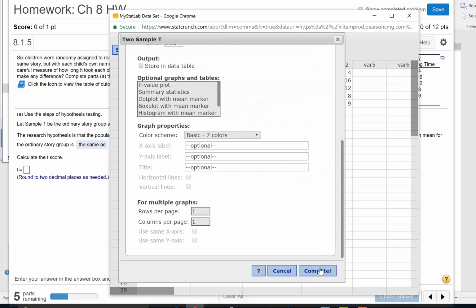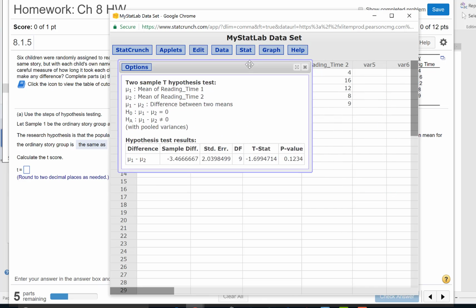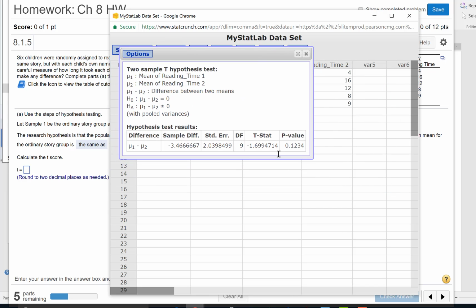And press compute. So here is our test statistic, t-stat, negative 1.699. And rounded to 2 places, that's going to be negative 1.70.